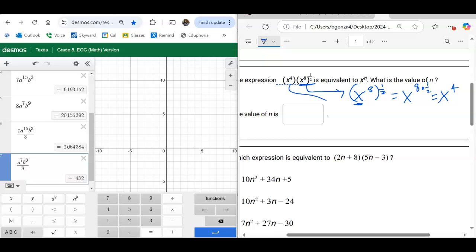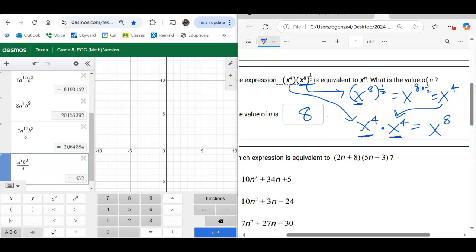Now that's not the final answer because that was just this part. So now I'm going to take this part, x to the 4, times the second part, x to the 4. And this time, remember, when you have two bases being multiplied, that's when you add the exponents, x to the 8.